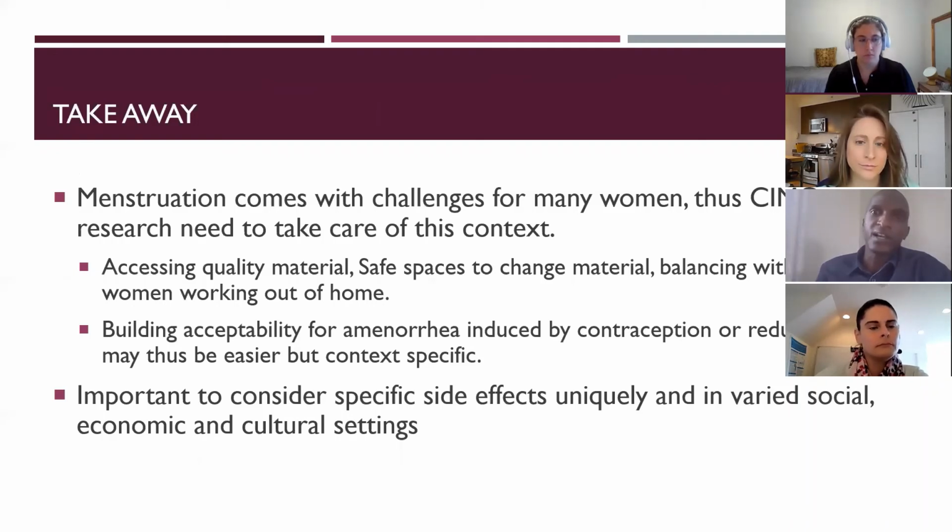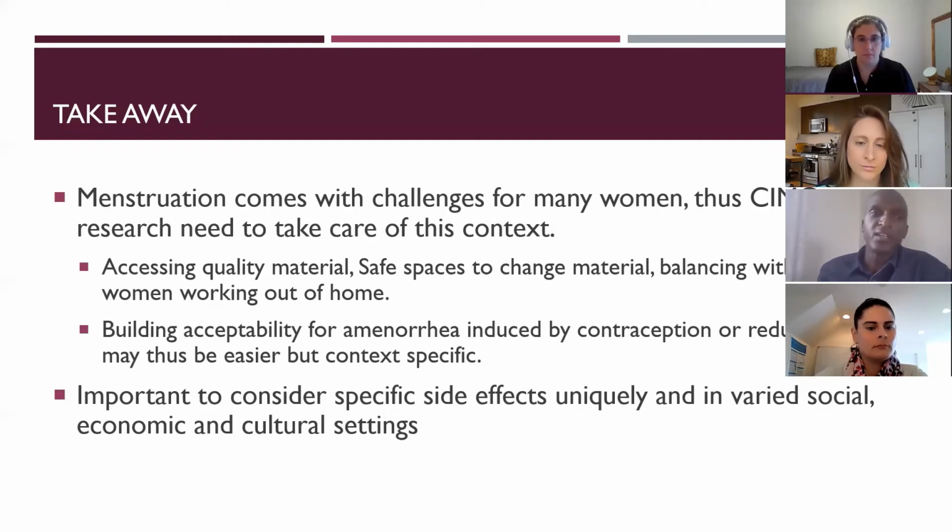So as a takeaway, menstruation comes with challenges for women, certainly, and so research needs to take care of this. Accessing safe, very good quality material, and safe spaces for changing this material, balanced with work, is important for working women and for those who are staying at home but also going to work.